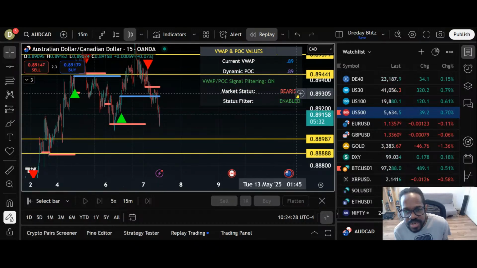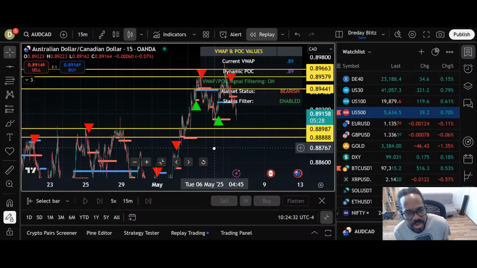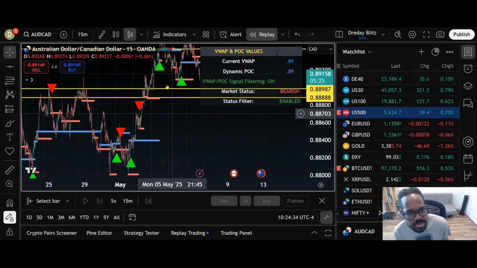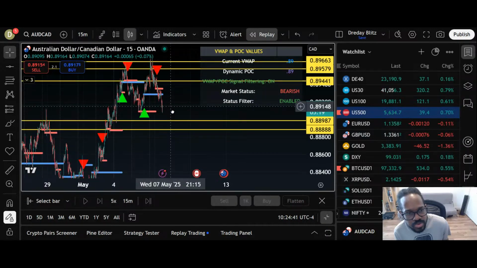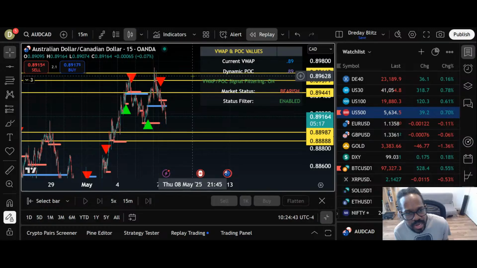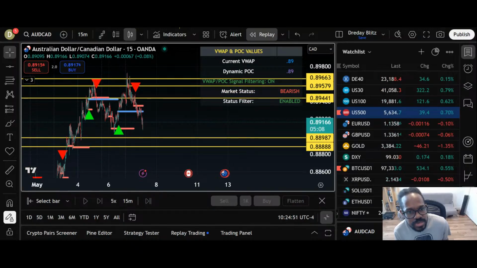It does look to have a continuation because we do have a fair value gap here, but it may do another high and a higher low and start to go down after that. So just be careful.